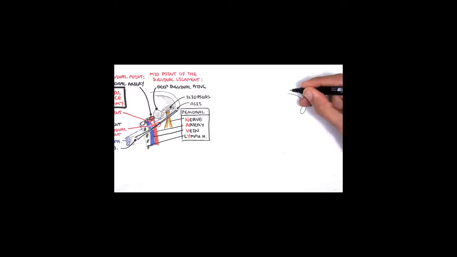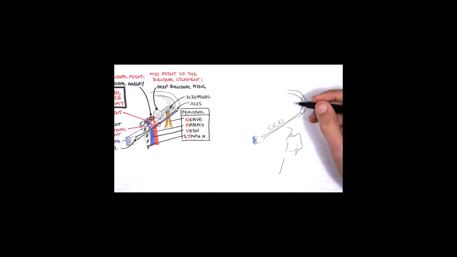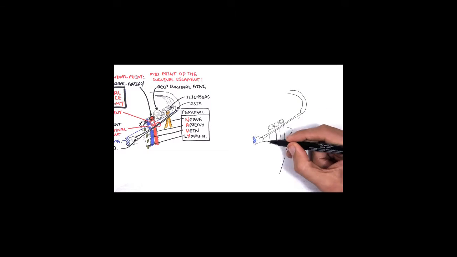Drawing the same diagram again, I am adding the femoral head and part of the femur here. Again, here is your femoral artery, vein, and lymph, remember. There is a fascia type thing that runs over these structures, which makes an opening here. And this opening right below the inguinal ligament is called the saphenous opening.